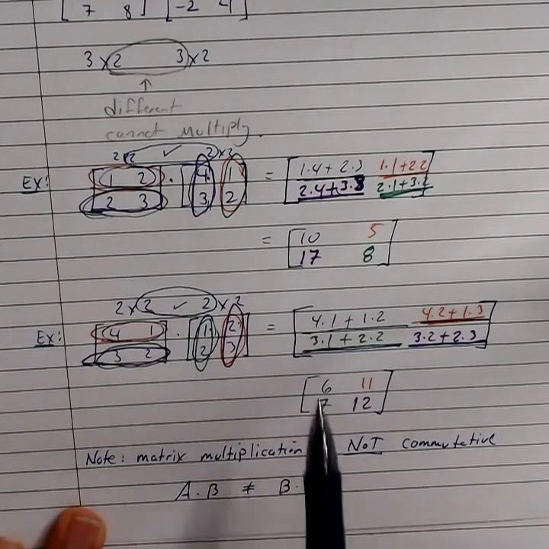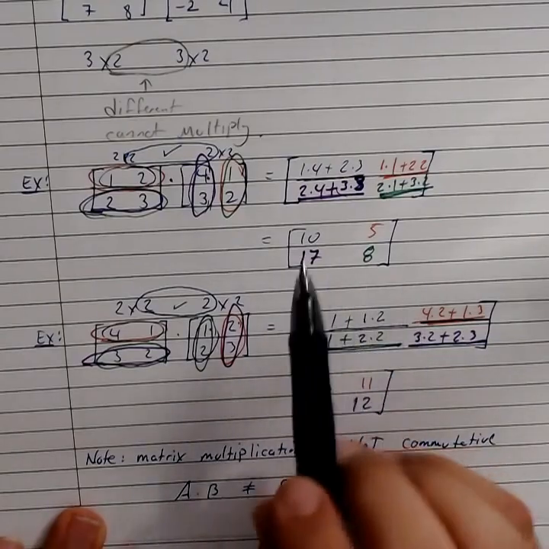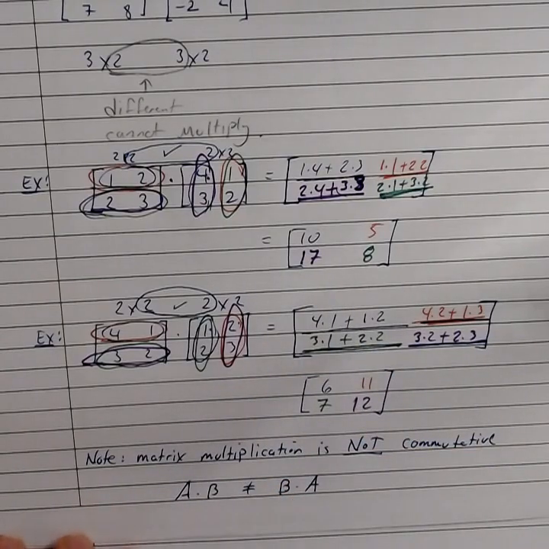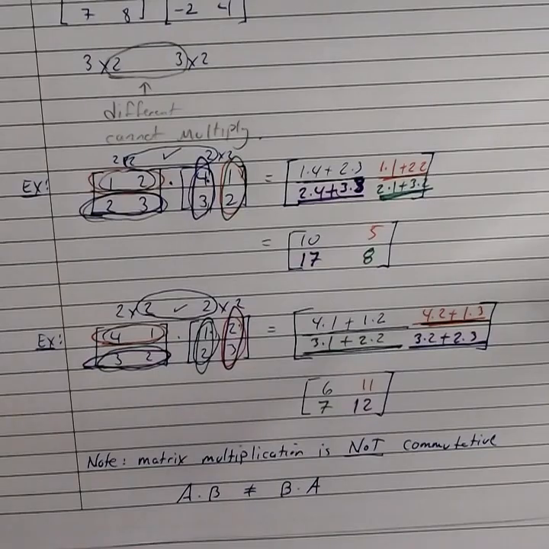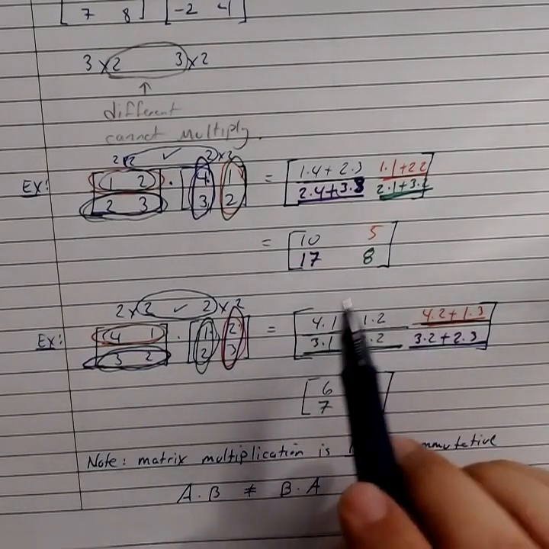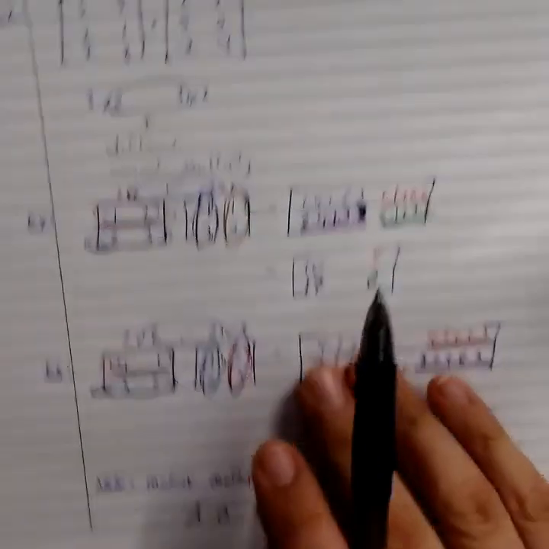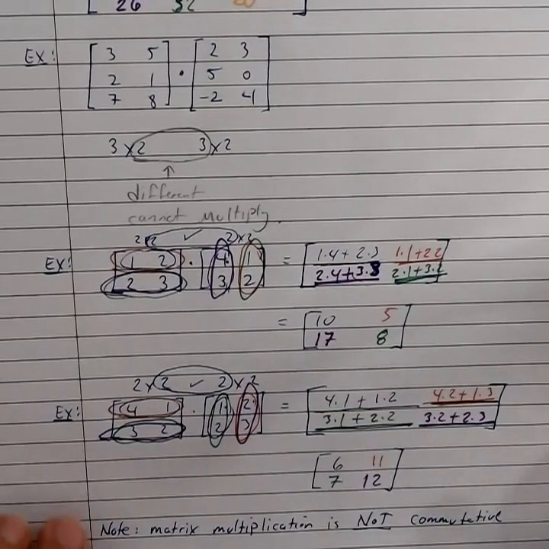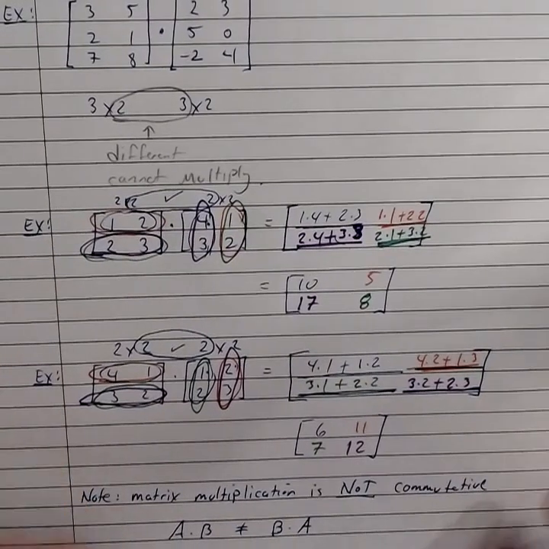The order actually does matter, and it gives you very different looking answers. In some cases, changing the order will change the numbers of the matrix. In other cases, it'll even change whether or not the matrices can be multiplied together. So just be mindful of that. Matrix multiplication is not commutative. Addition and subtraction were, but not multiplication.